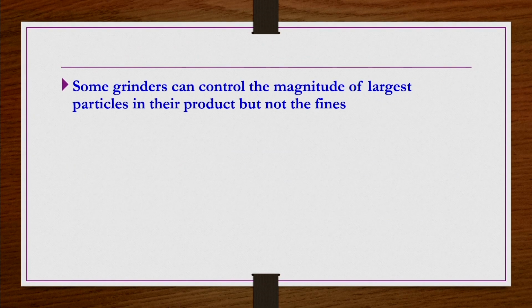Sometimes grinders can control the magnitude of the largest particles in their product, but not the fines. Whatever size reduction forces you apply, you get coarse, medium, and fine, but you can never avoid fines.